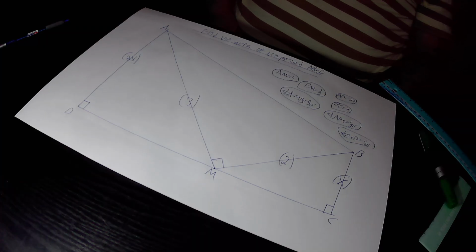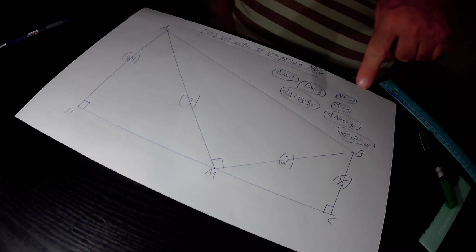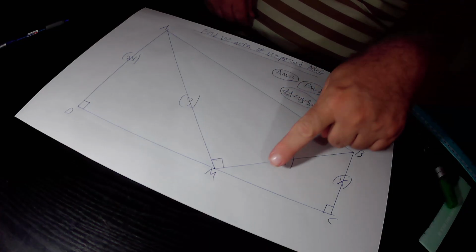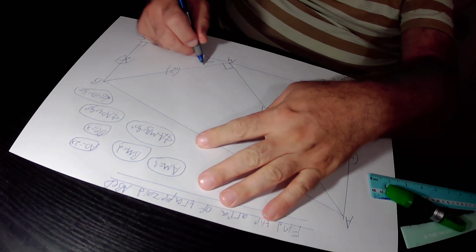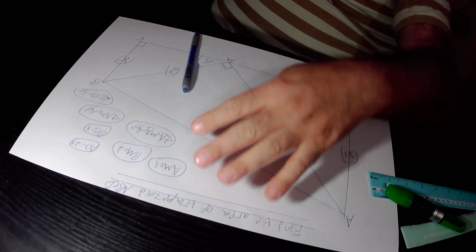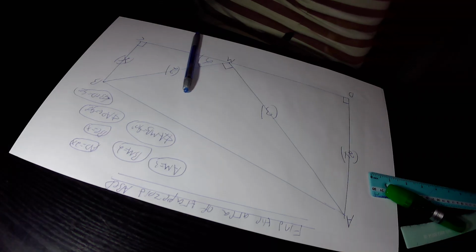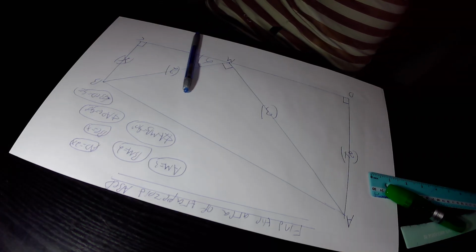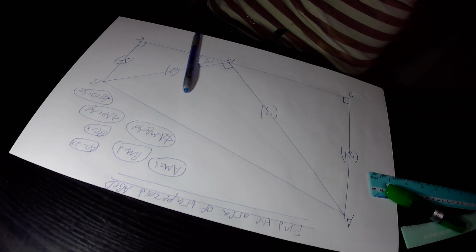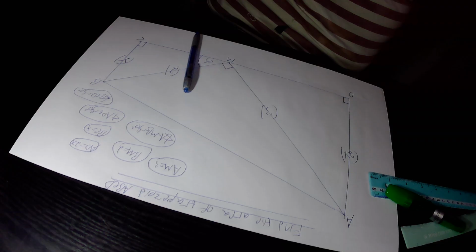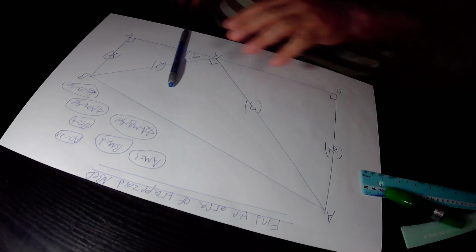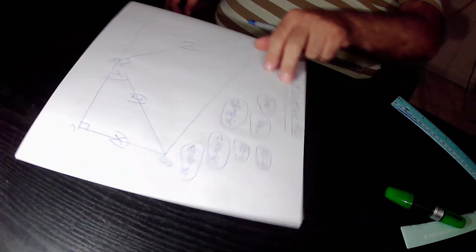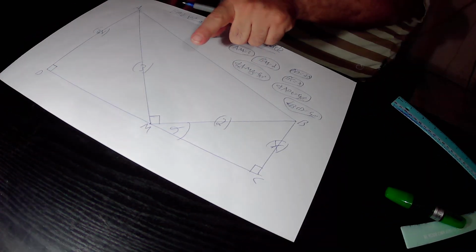Okay, so first of all, we define this angle, angle BMC, as alpha. And we focus on this small right triangle, triangle MBC.